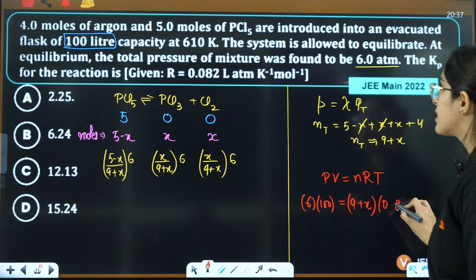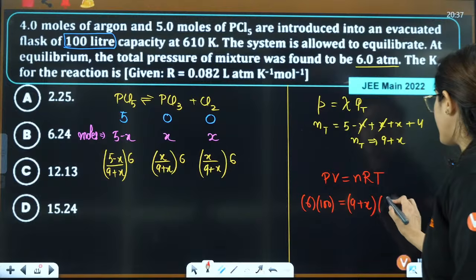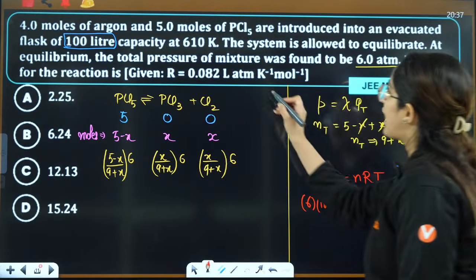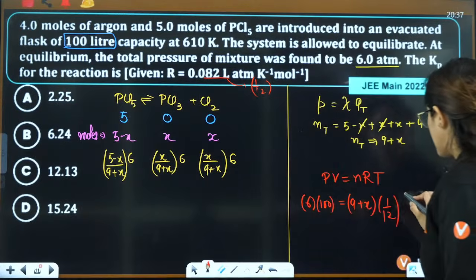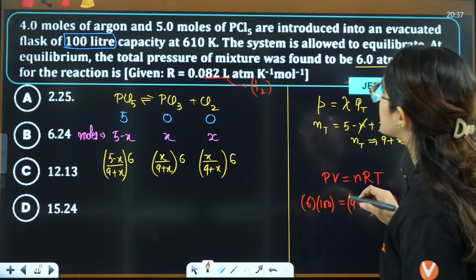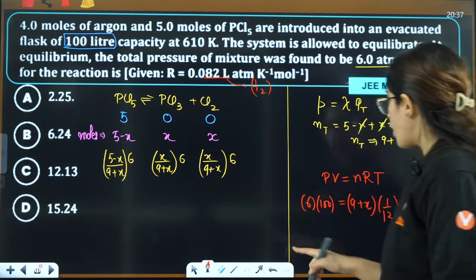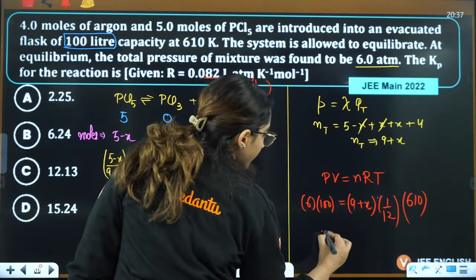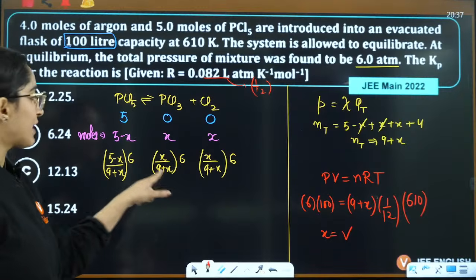You can also write it as 1 by 12, in fraction. Temperature is given, that is mentioned, wait a minute, 610, right? So from there, calculate the value of x.